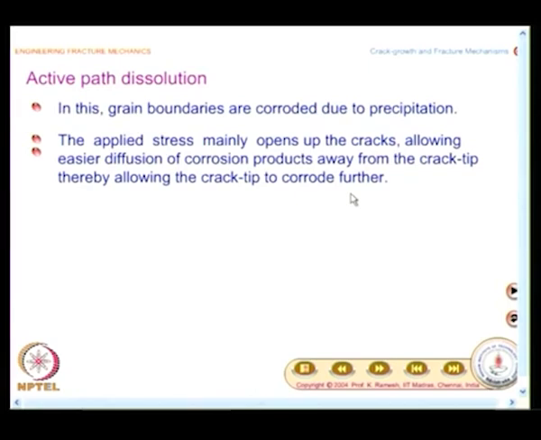So, it is a successive process. In the case of fatigue, repeated loading makes the crack advance. In the case of stress corrosion cracking, by active path dissolution, you find the crack advances because of corrosion. Sustained stress in conjunction with corrosive environment, you find crack advances.